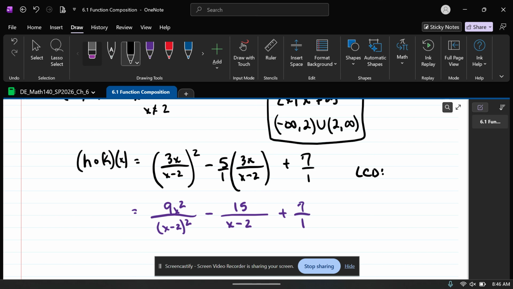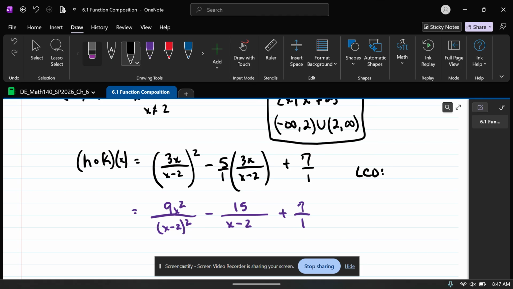It'd be x minus 2. Now, when I look at that guy, it's got an x minus 2 and another x minus 2. It's got two of them. So to match this guy, you've got to have two of the x minus 2s. This one already has two. This one only has one. So this fraction needs another x minus 2.